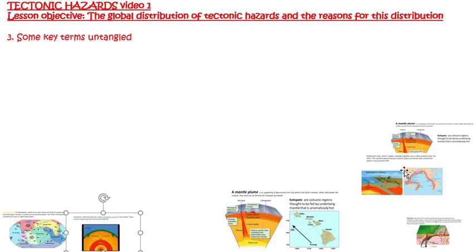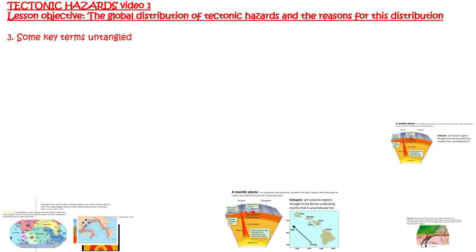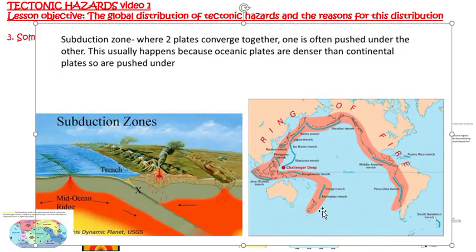Right, where should we go next? We'll go to a subduction zone. At a convergent plate boundary, we've got two plates converging together. So in this example, we've got an oceanic plate, or crust, and a continental plate, or crust, moving together. Obviously, two forces collide, something's got to give.